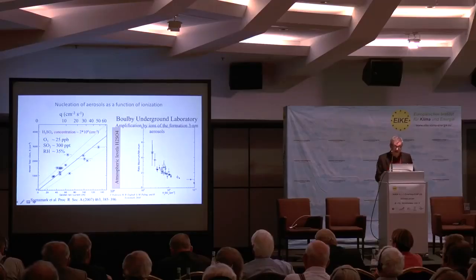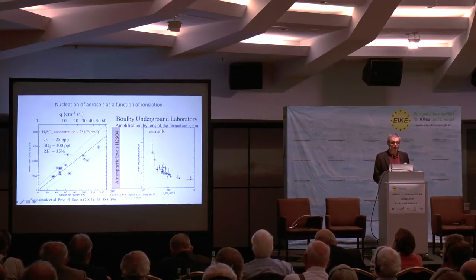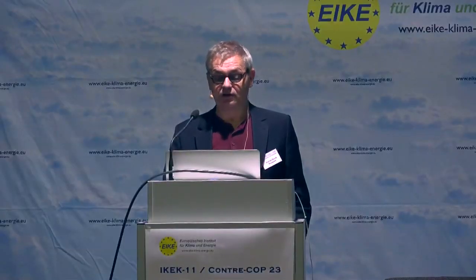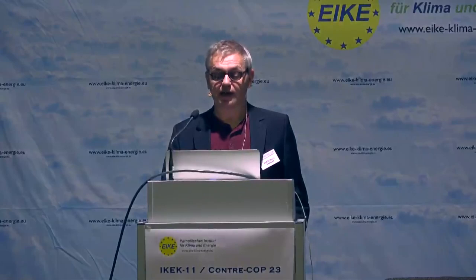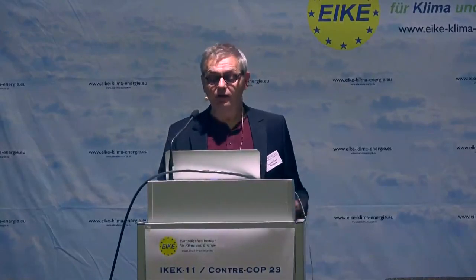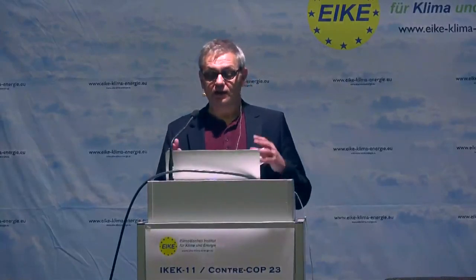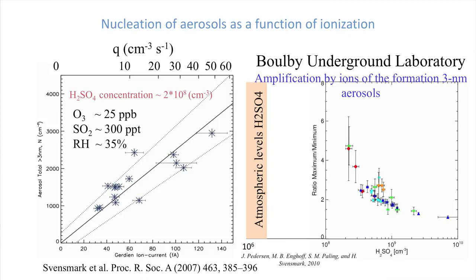The figure over here is showing the ratio of nucleation. Here I have a very high sulfuric acid concentration compared to what you have in the atmosphere. And when you have a high sulfuric acid concentration, the particles don't care whether they're ions or not, they stick together by themselves. But as we go down in sulfuric acid concentration, then the importance of ions increases.